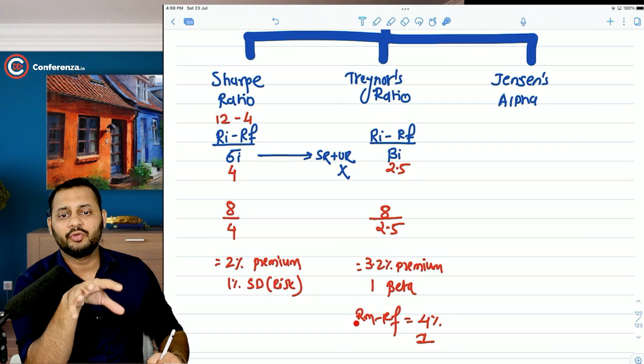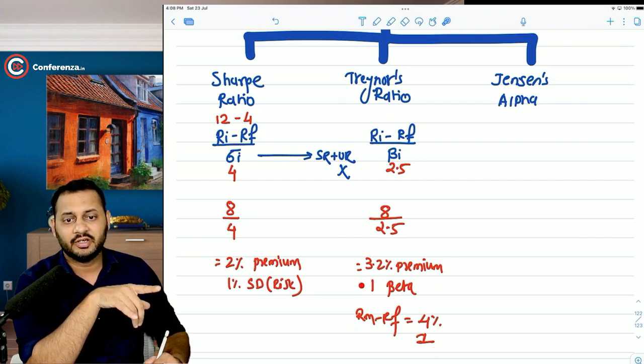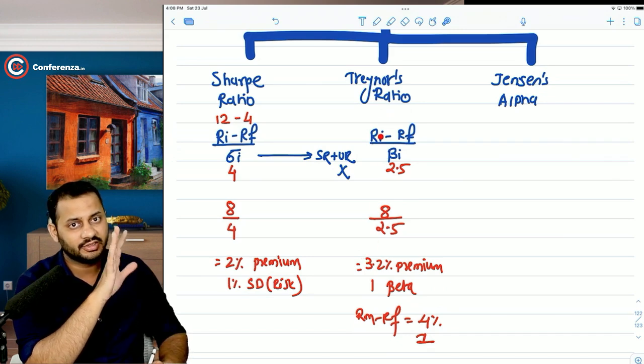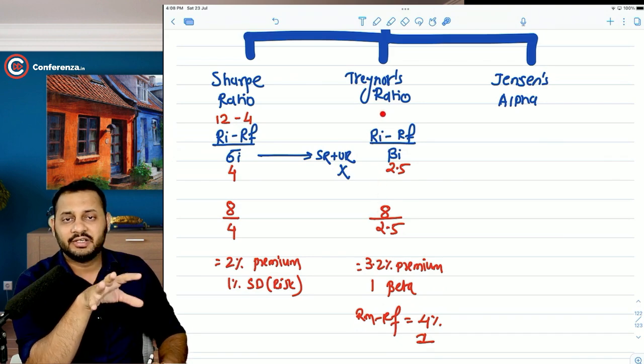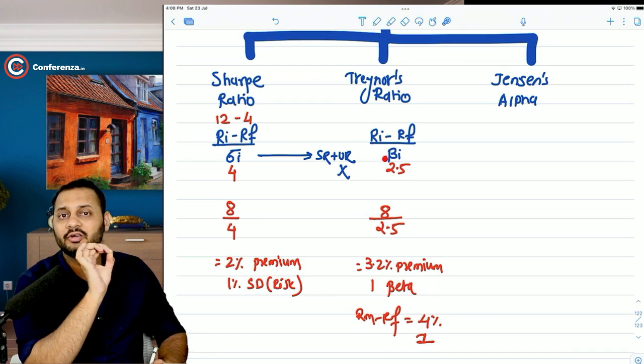Obviously you would want to go for market return, because for 1 unit of beta you are getting 4% extra return, and for 1 unit of beta you are getting 3.2% extra return if you invest in the stock i. Getting it? So the Treynor ratio explains the premium per unit of beta.